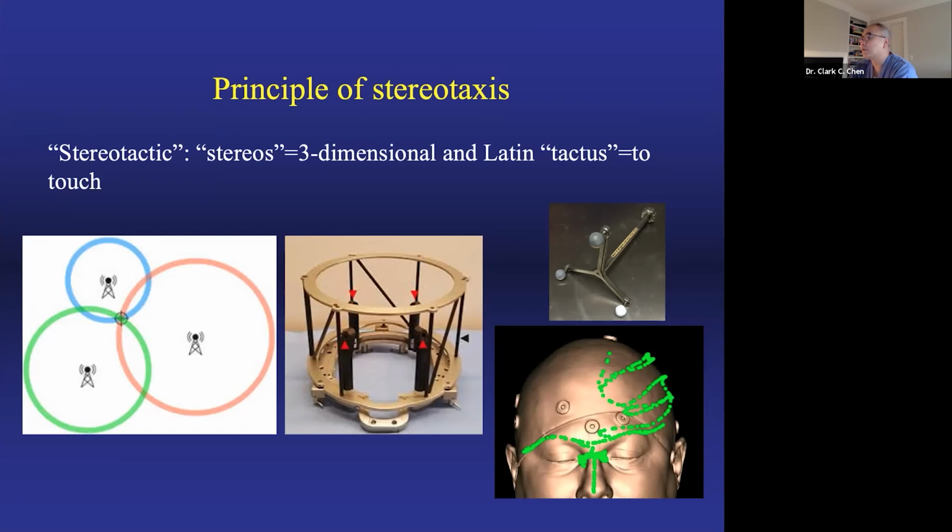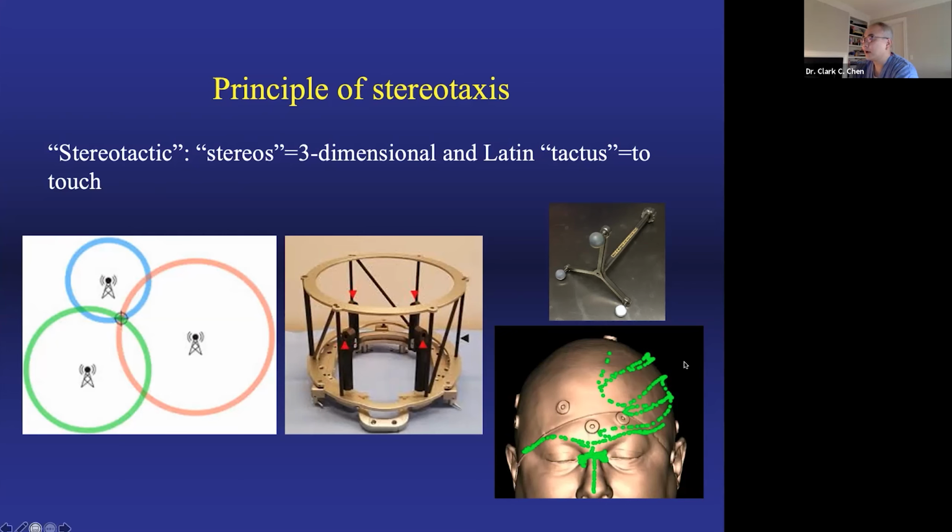Now, historically, we've done this using frame-based or frameless stereotaxis. In the frame-based stereotaxis, the known geographic or geometric locations are those posts. So we could calculate the lesion relative to these posts and define a spatial location based upon those relationships.